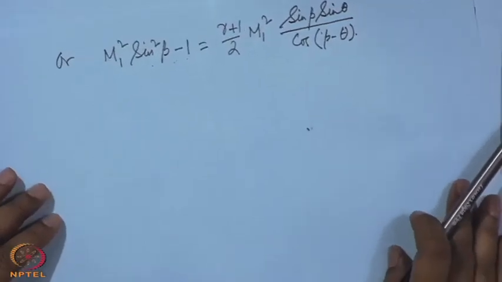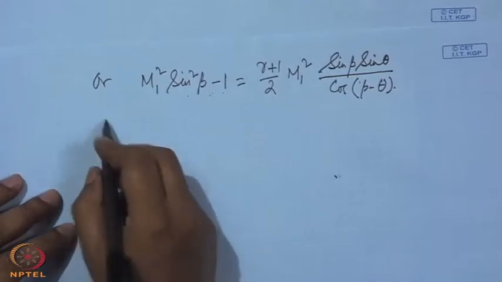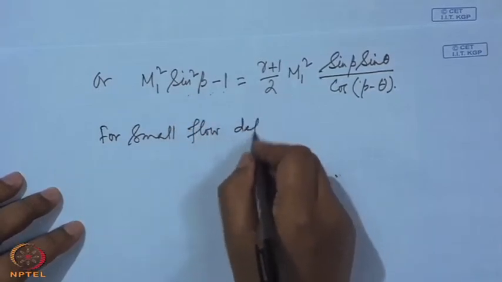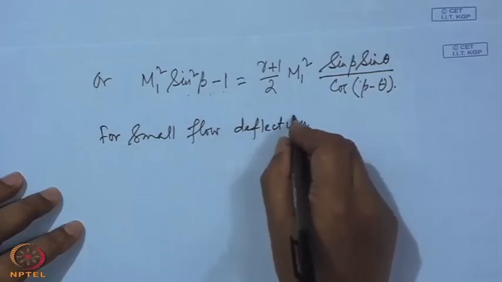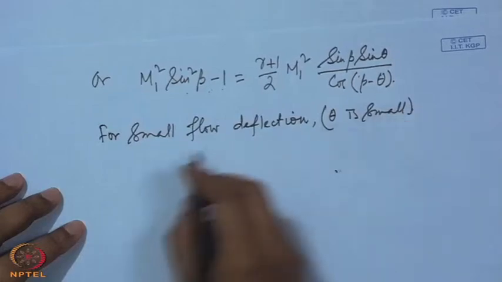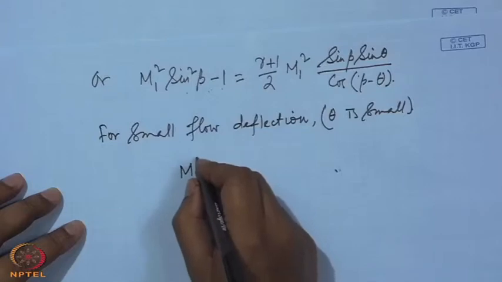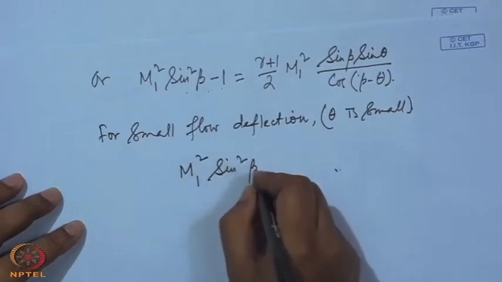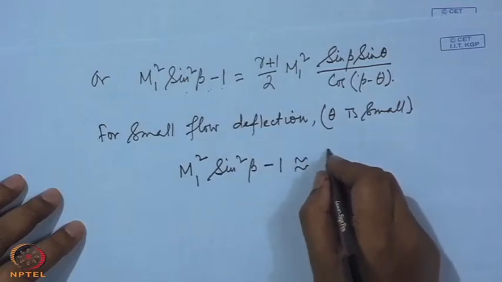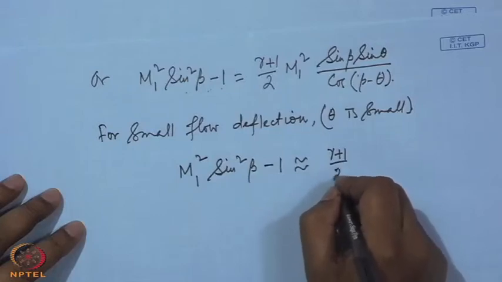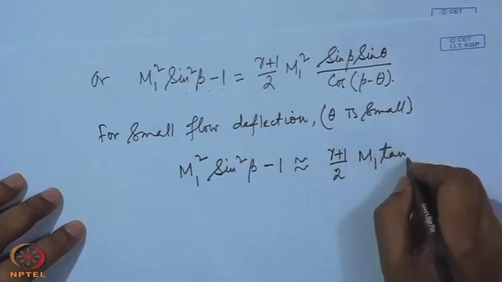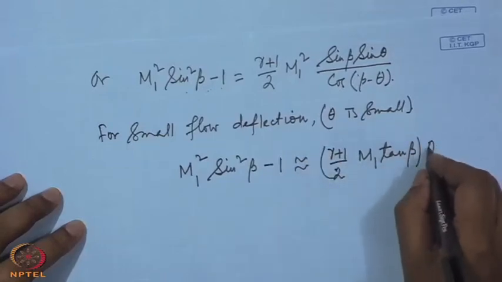Now, we can make an approximation for small values of theta, that is, for small flow deflection, where theta is small, we can approximate this relation: M1 square sin square beta minus 1 is approximately gamma plus 1 by 2 M1 square tan beta into theta.